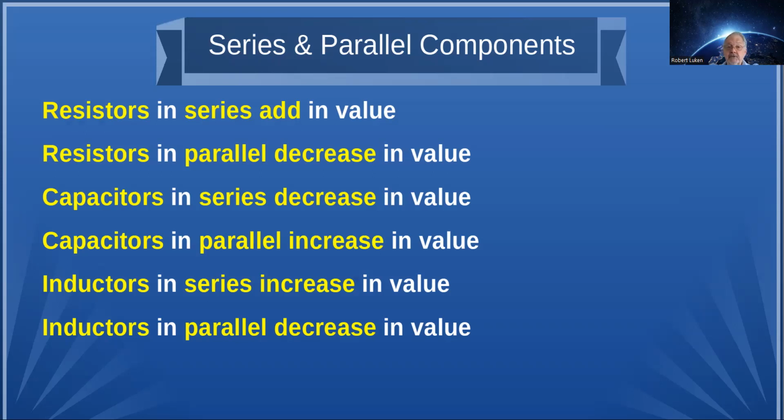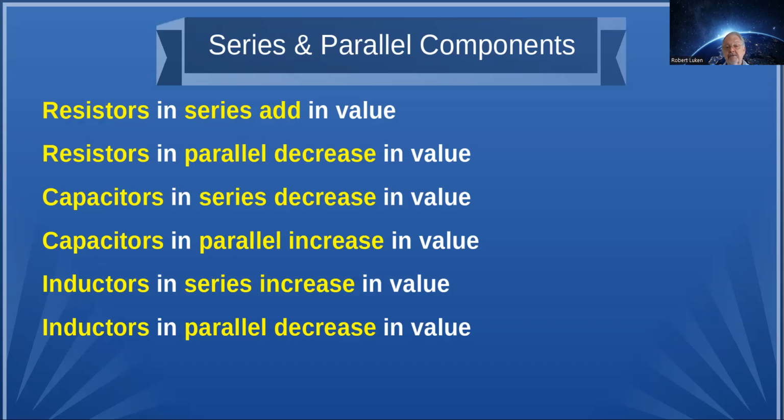If I put those resistors in parallel, so I have a 100 ohm resistor in parallel with a 100 ohm resistor, now the equivalent resistance of the two is 50 ohms. If I have capacitors in series, they decrease in value like resistors in parallel. If I put capacitors in parallel, they add like resistors in series.